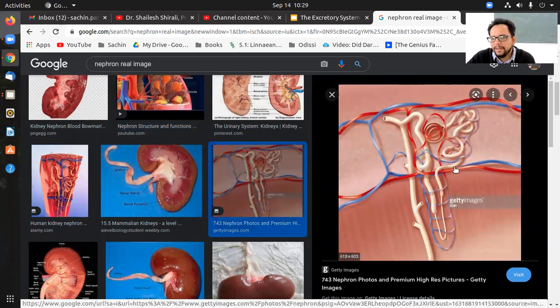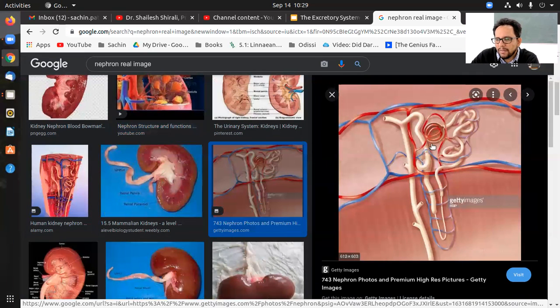Yeah, this is an actual perfect image. Now, if you look at this particular part, you can see this is the glomerulus, right? This is the cortex, and this is the medulla part, and the glomerulus is shown here.